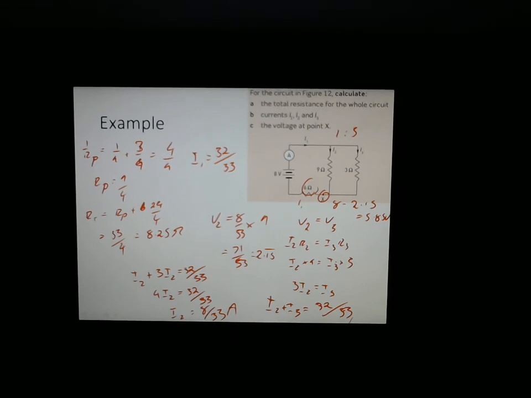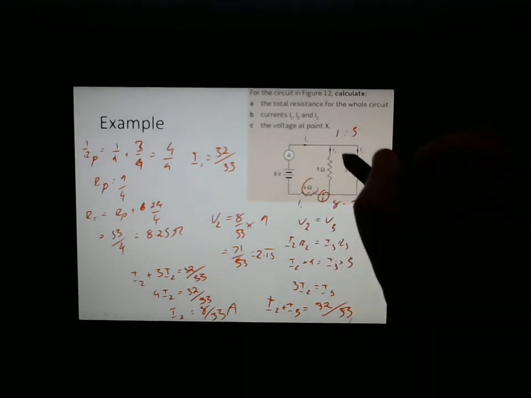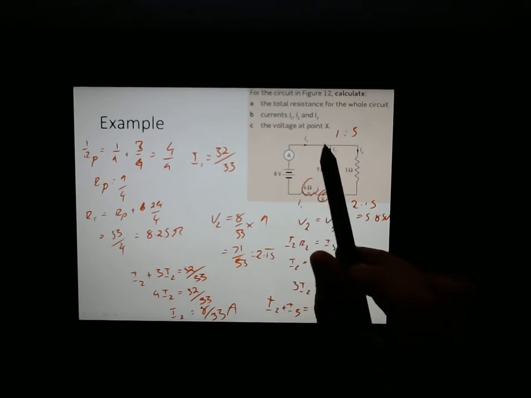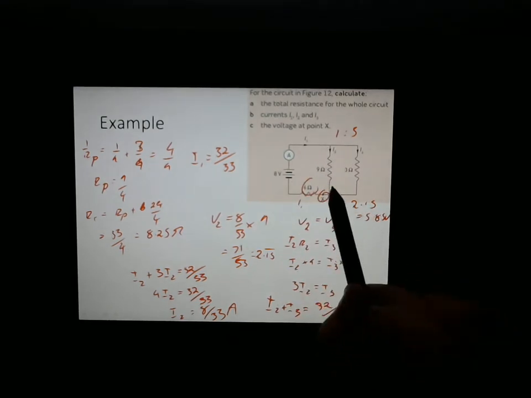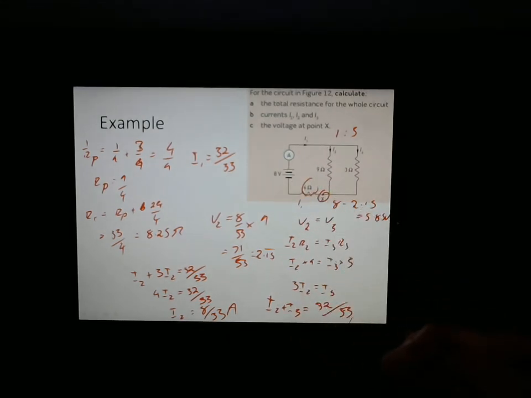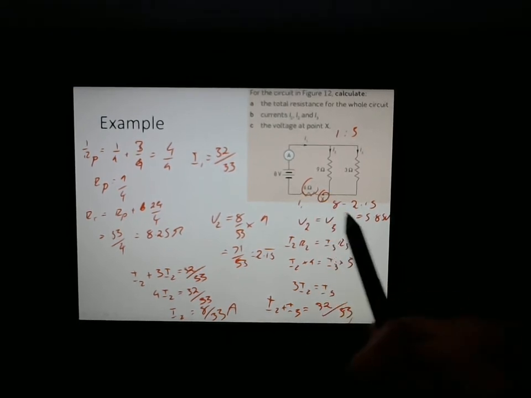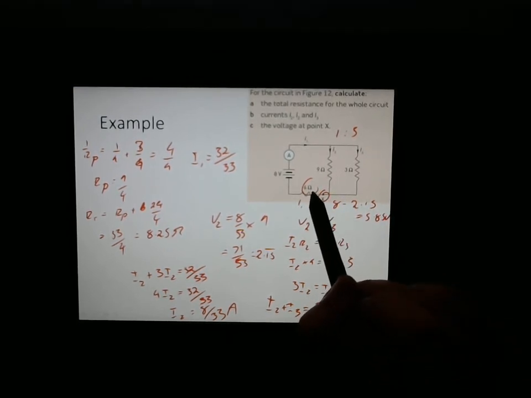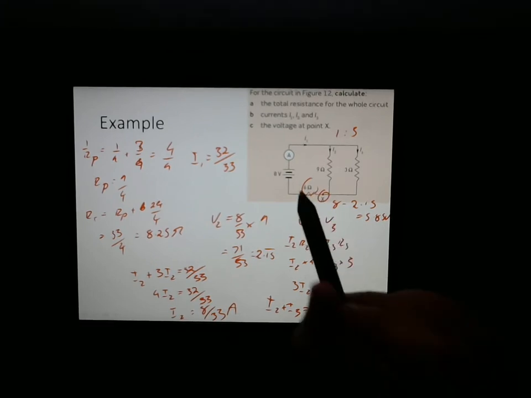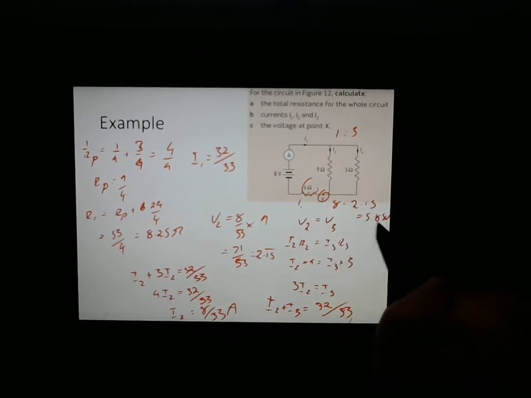Remember, Kirchhoff's loop law says that the sum must equal 0. Positive 8, negative 2.18, whatever is left over must be before it gets used up here. So this X value here is before here. If the current had been flowing the other way, we'd have to take away the 5.82 to get the 2.18 left over. So the direction of the current can be important to take care of.